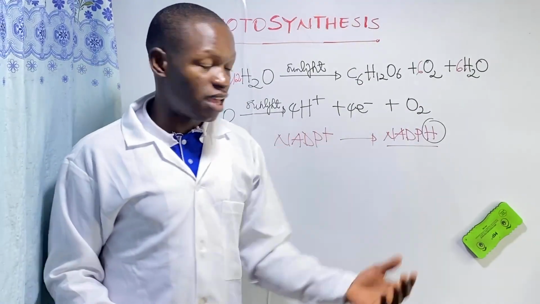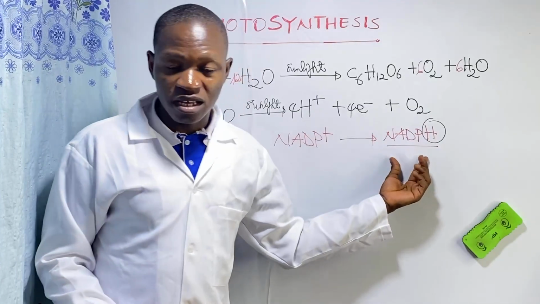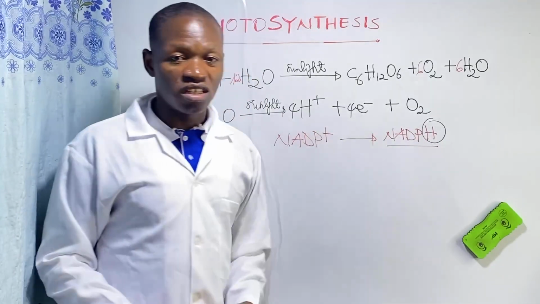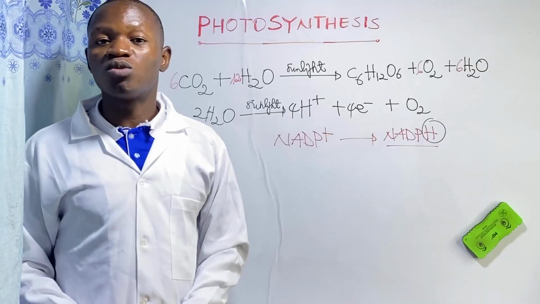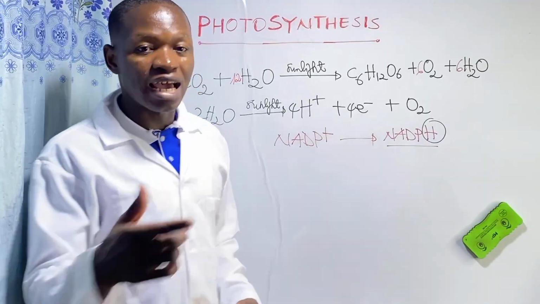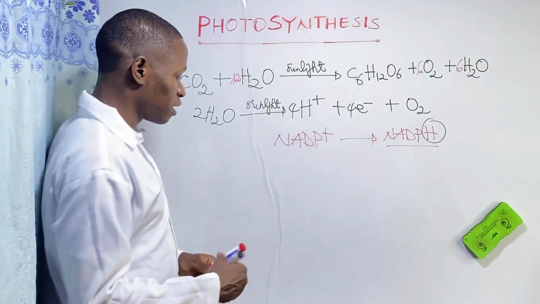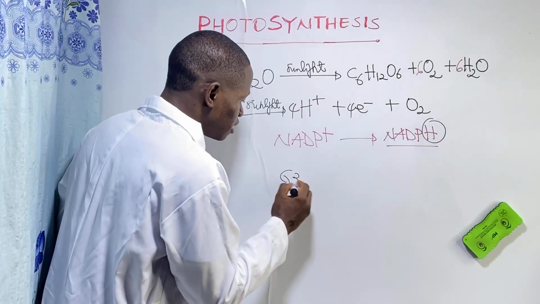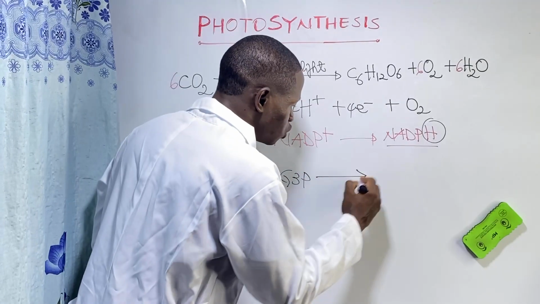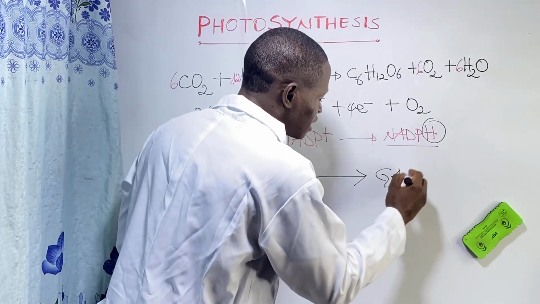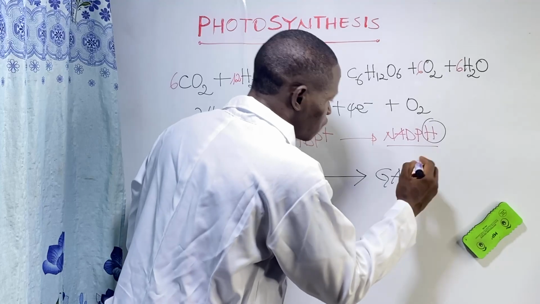On arriving there, the reduced NAD will release the hydrogen, and that hydrogen will be used to reduce glycerate phosphate. So glycerate 3-phosphate is going to be reduced into glyceraldehyde 3-phosphate.